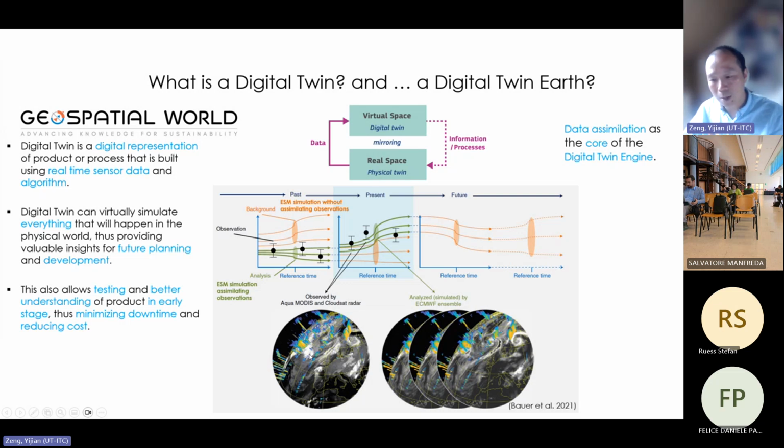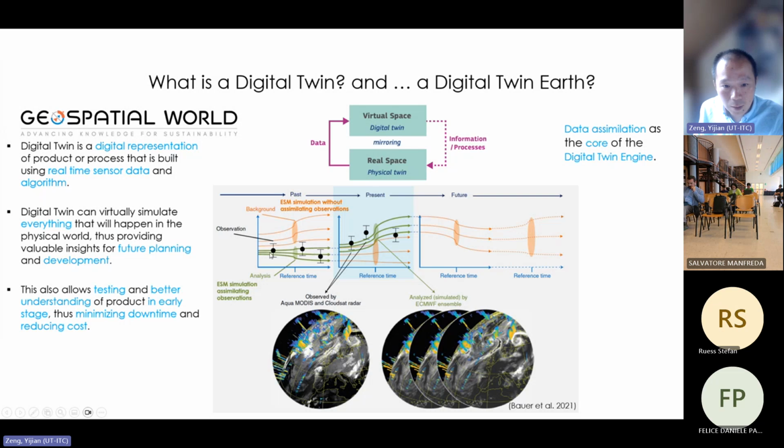You can monitor the cloud structure in 3D, and then you know where there is a rain event and where it is just cloudy, and things like that. And then the green curve is the model. I'm sorry, the green curves are observation, and the orange one is the model.